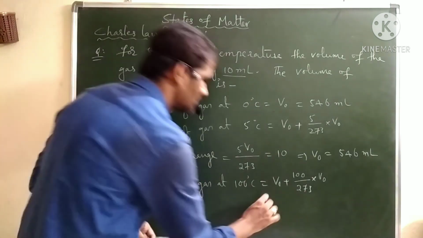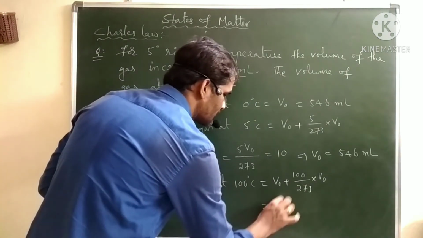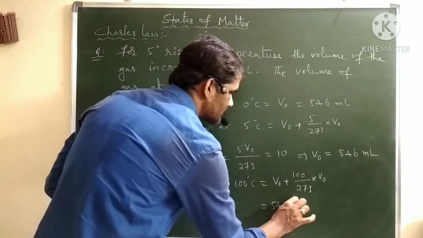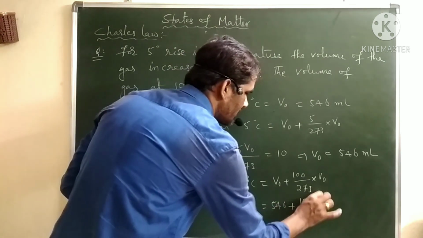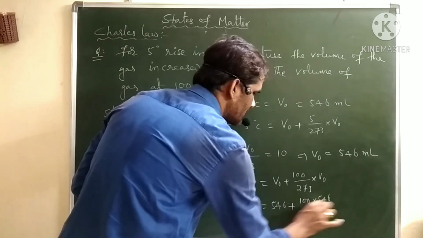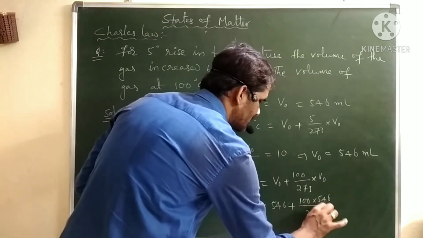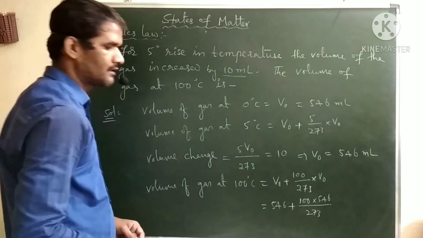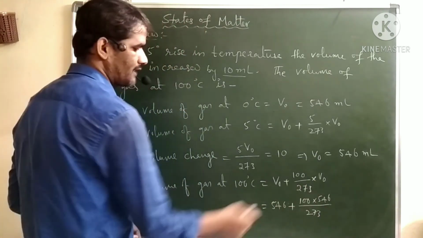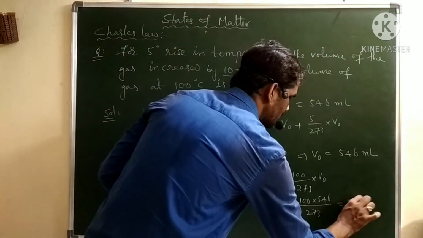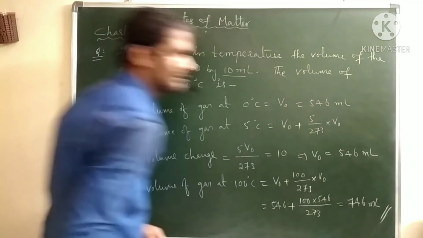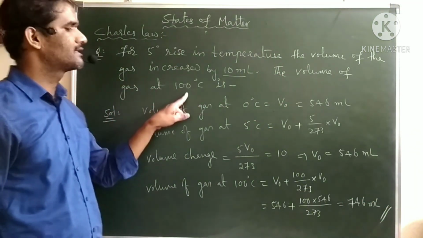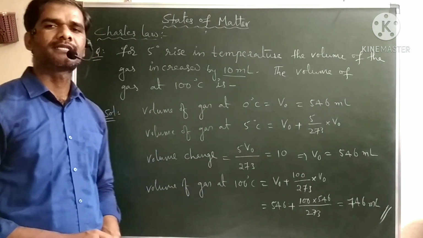Just if we substitute the value, V0 is 546 plus 100 into 546 by 273. And then overall we will get 200 plus 546. We will get 746 ml. So the volume of gas at 100 degrees centigrade is 746 ml.